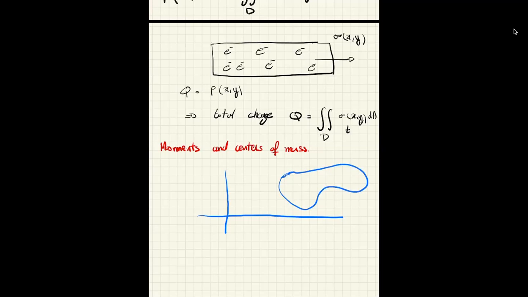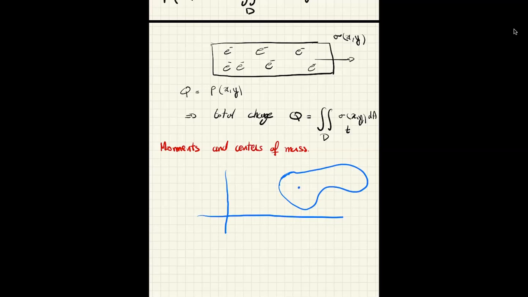That is the point where, if you support this object on some horizontal balance exactly at this point, it's going to balance horizontally, right?